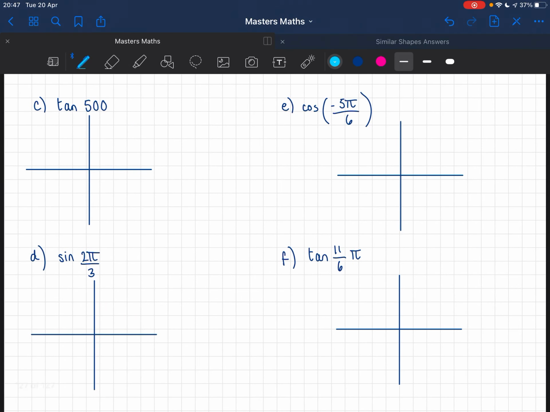This next one, tan 500. Now obviously 500 is a bigger angle than we've got on the graph. So we would go all the way around 360 degrees. And then we're left with, can't use mental arithmetic right now, 360, we're left with 140 degrees.